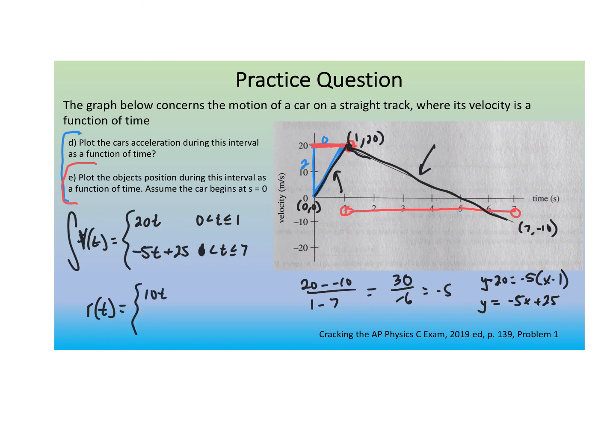It becomes 10t squared from 0 to 1. And then negative 5t squared over 2 plus 25t from 1 to 7. So if you want to plot the position over time, you would be plotting those two parabolas right there.